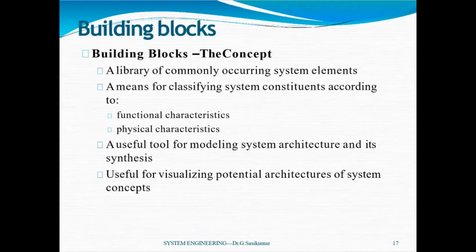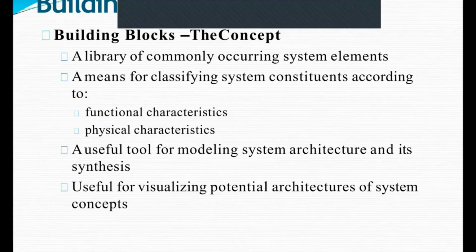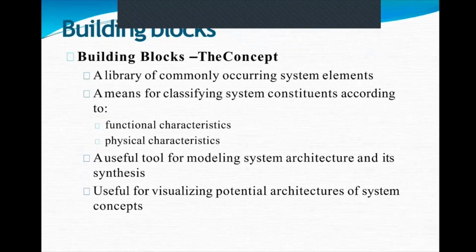It has a huge library where you can select different items or ideas and use them for different characteristics such as functional and physical. So there are two major categories when you create a system: functional characteristics and physical characteristics.